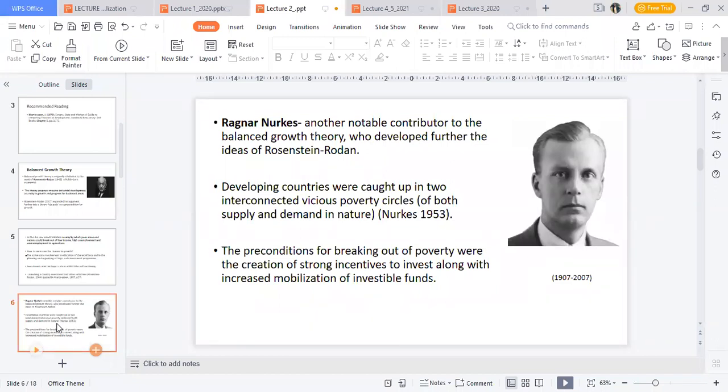Okay. The preconditions for breaking out of poverty were the creation of strong incentives. Okay. Strong incentives. I repeat, strong incentives to invest along with increased mobilization of what? Investable funds. So he actually buys into the idea of a large scale investment.